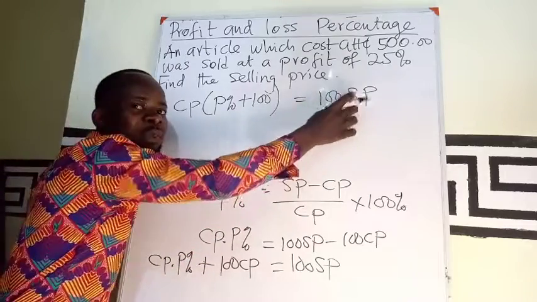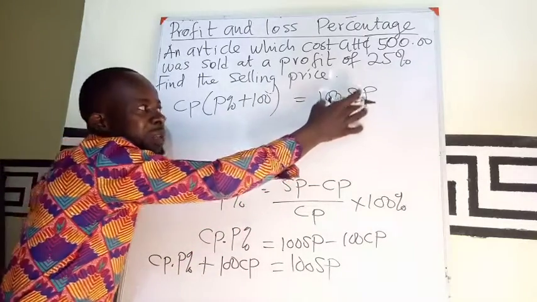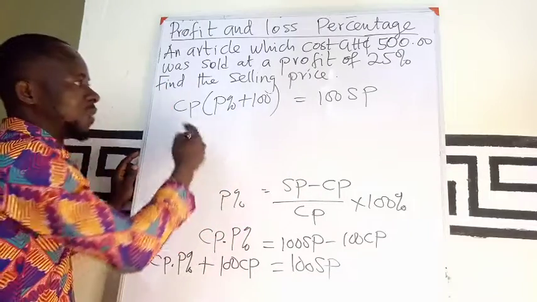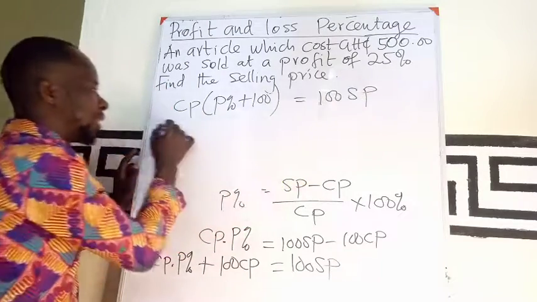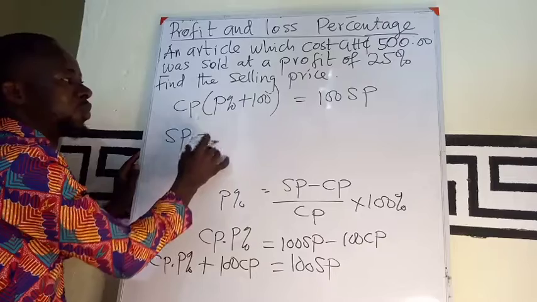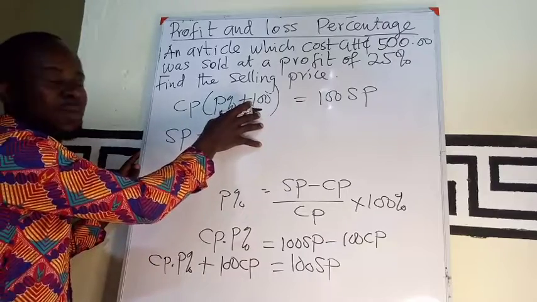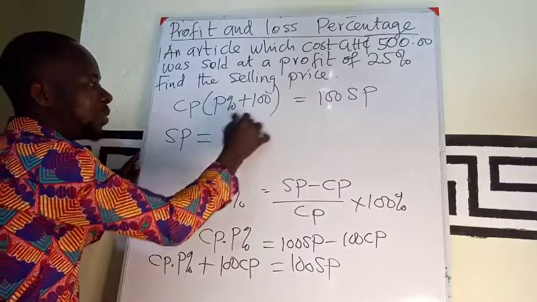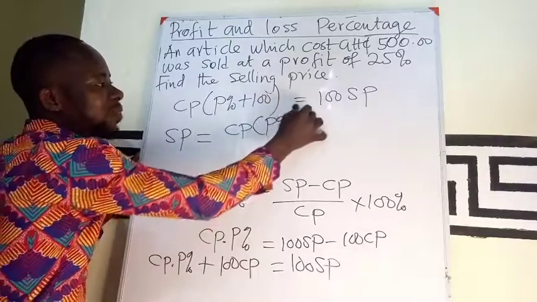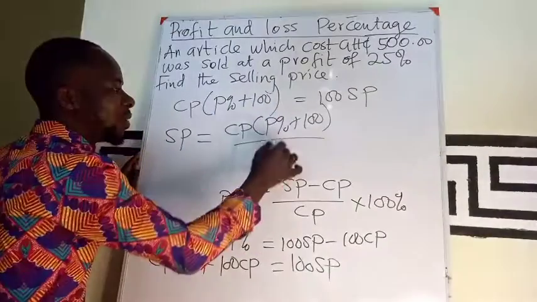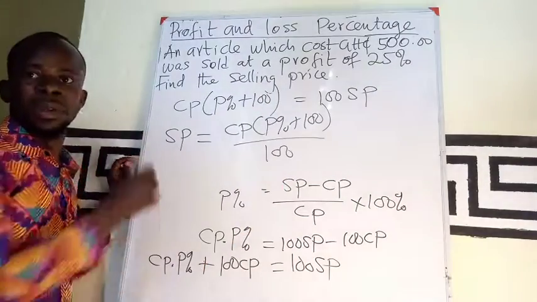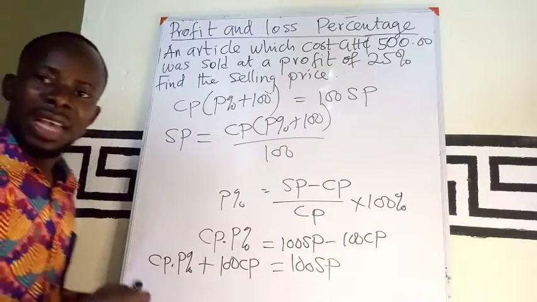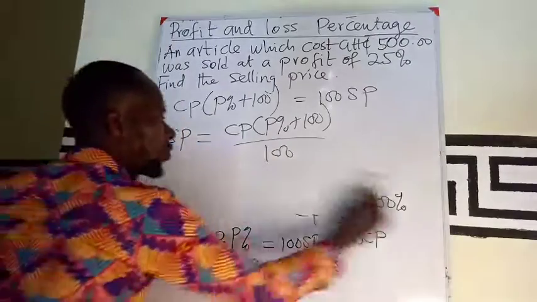Now we are looking for SP. So we clear any other term, which is 100. We divide through by 100, and I'll be left with SP equals CP times P percent plus 100, all over 100. So now my SP is on its own.